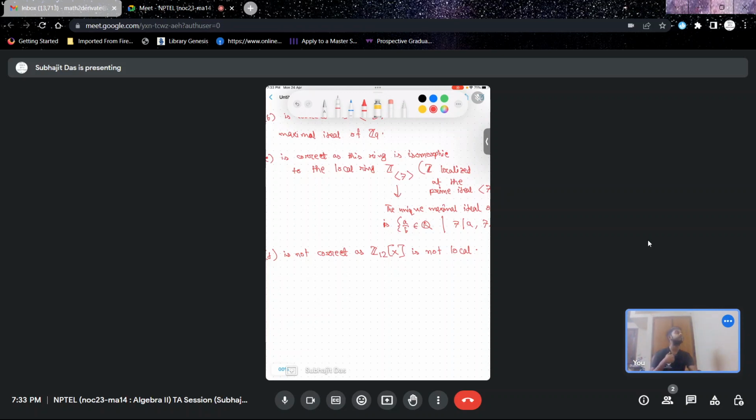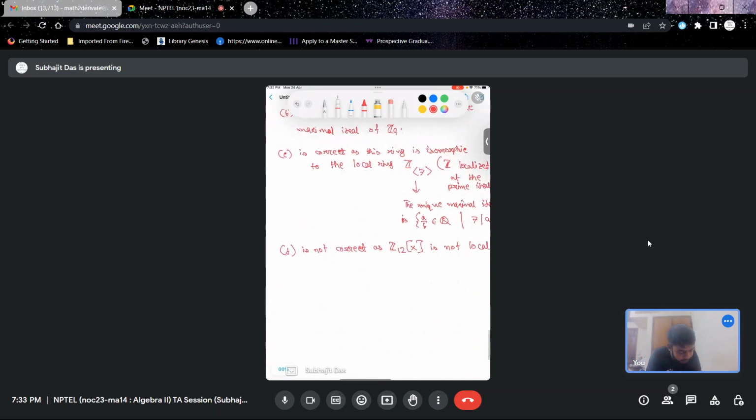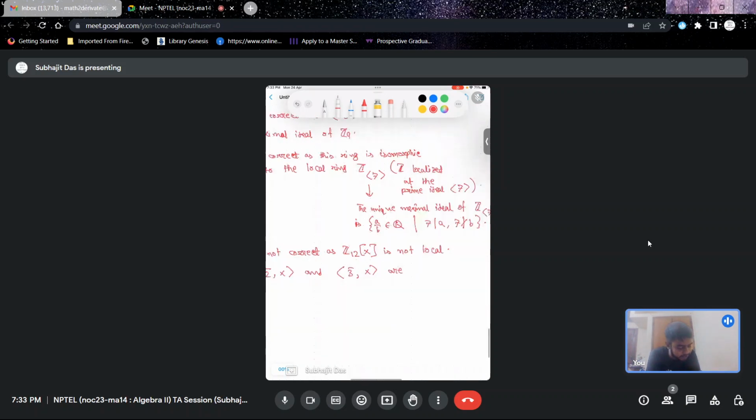Okay, let me just write it down properly, it's not correct. So you can just take the ideal generated by 2, x, and you can take the ideal generated by 3, x. These are both maximal ideals.